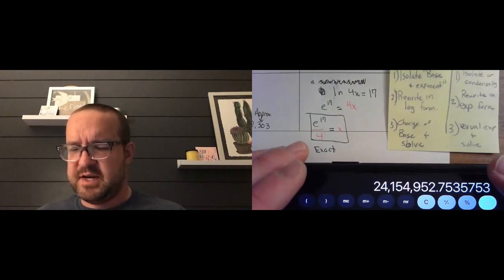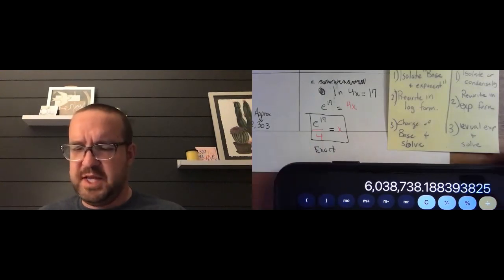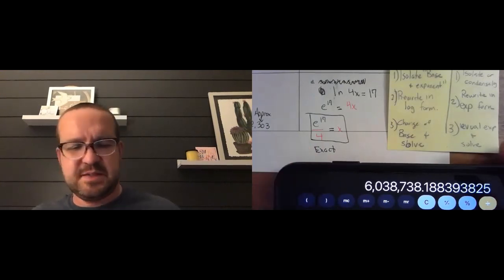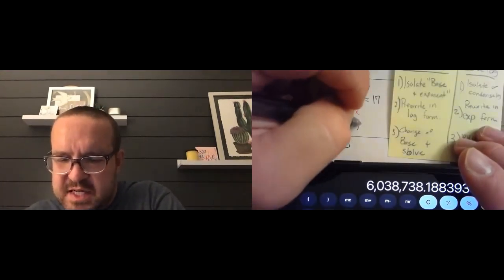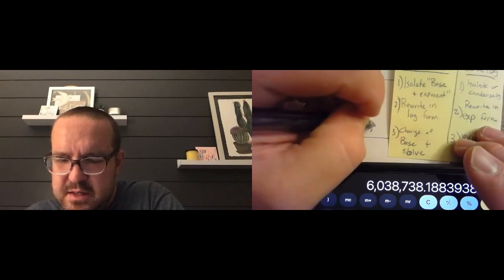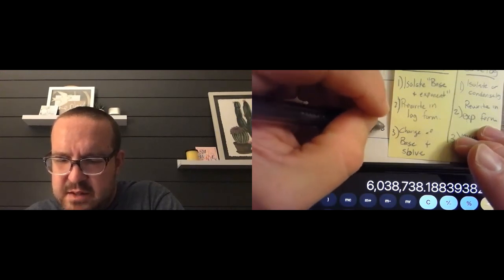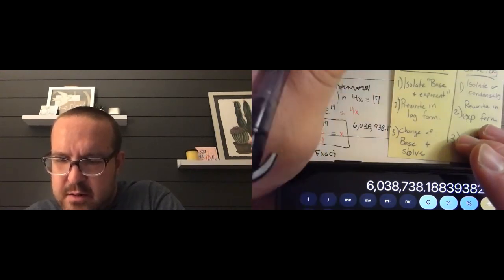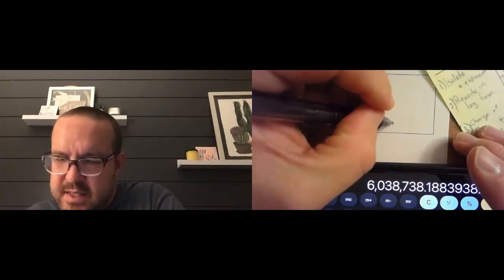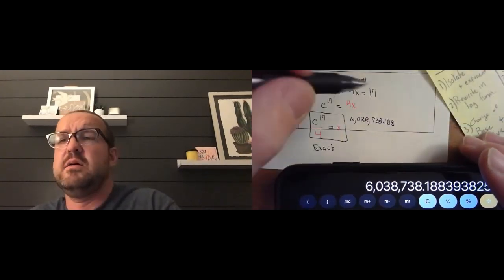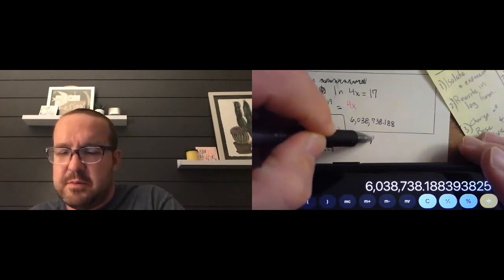I know I'm going to divide it by 4, which will decrease it, but not by a lot, just over 6 million. So here we go. We have 6,038,738.188 there. That is my approximate value.